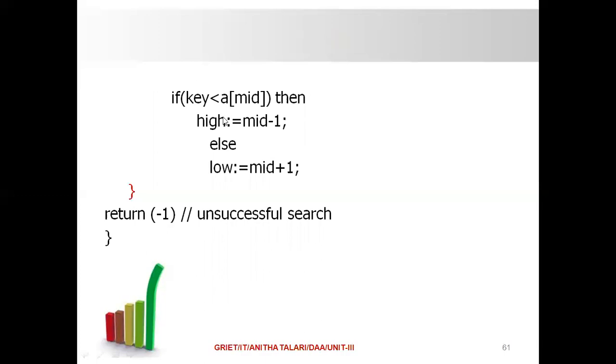If not, you're going to compare whether the left side should be searched or the right side should be searched. According to this outcome, you're going to adjust the lower boundary and upper boundary of the list. If the element you're trying to search is not present in the entire list, then you're going to return the value -1.